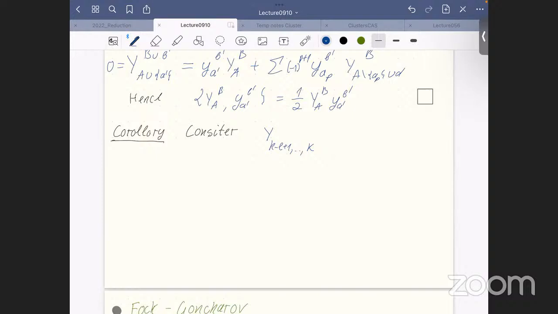Before writing the formula, I prefer to draw a picture.